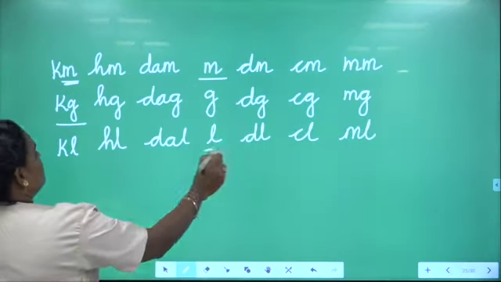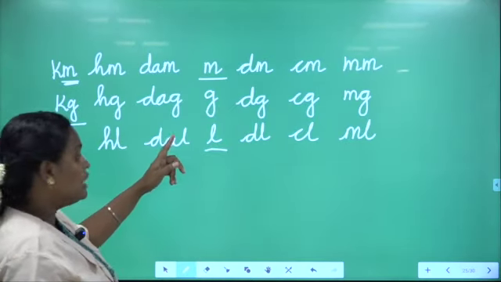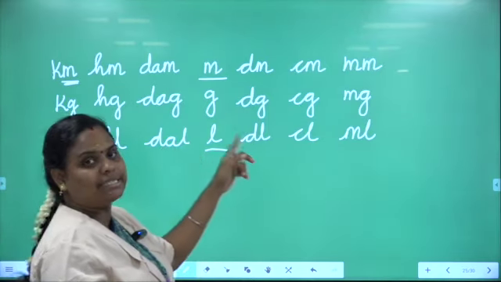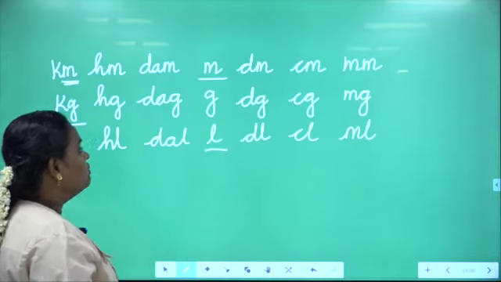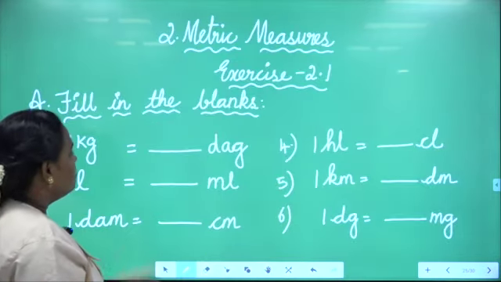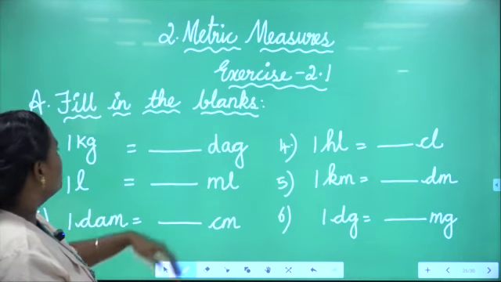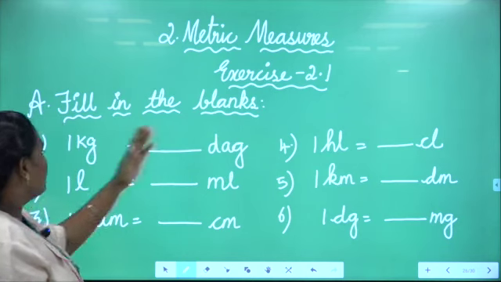Then for liter: kiloliter, hectoliter, decaliter, liter, deciliter, centiliter, milliliter. So today we are going to see converting the measurements, that is converting the units. Exercise 2.1, fill in the blanks.